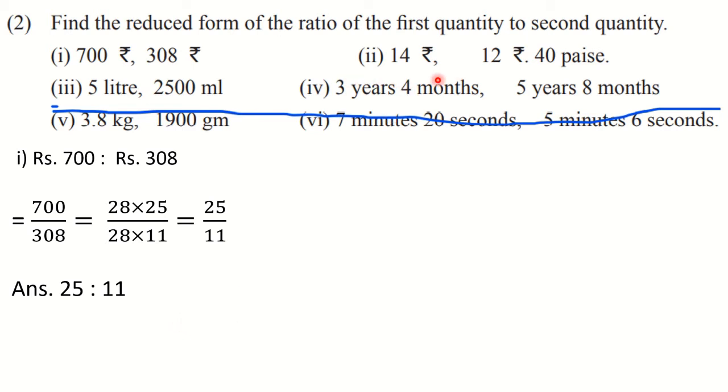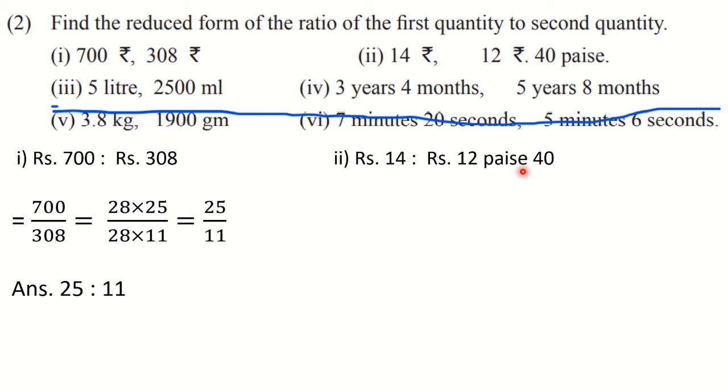Now the second one, 14 rupees and 12 rupees 40 paise. Okay, so this is the question. Now here what we can observe is the units are not same. Here only rupees is there and here you can see rupees and paise is there.